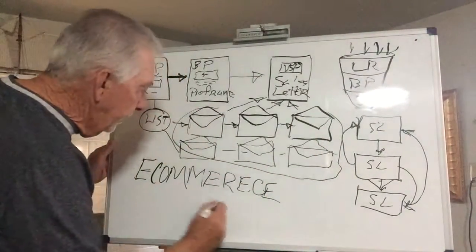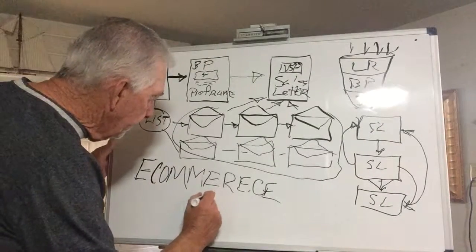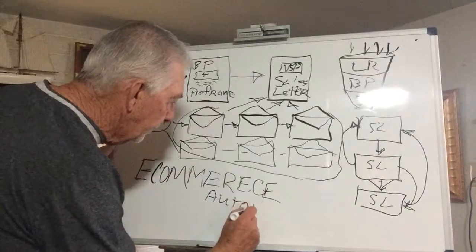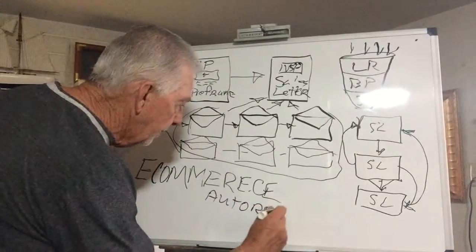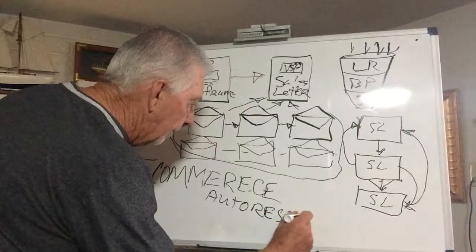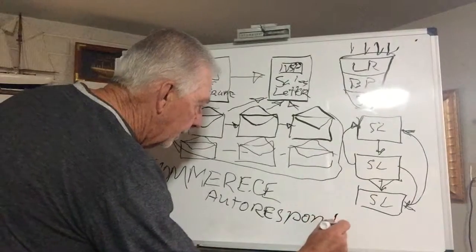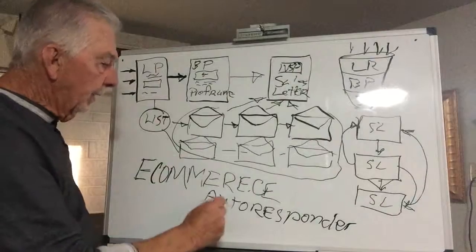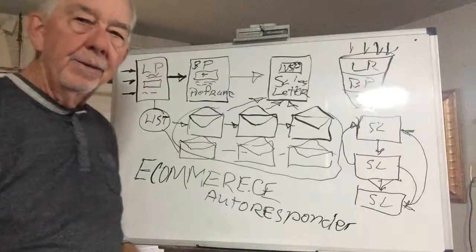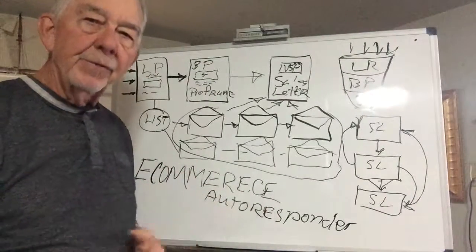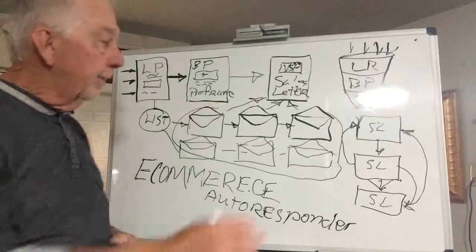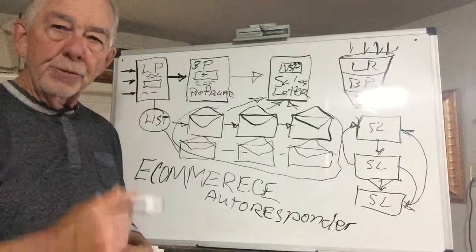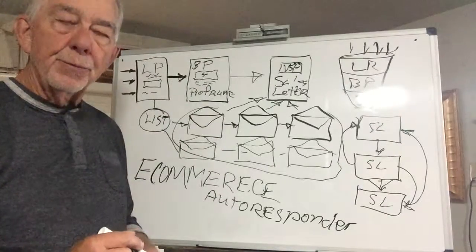a tool that you're going to need is an autoresponder. Now, the autoresponder is basically a site that delivers mail. You set up your funnel. When they get on here, they go to your list, which is on your autoresponder.